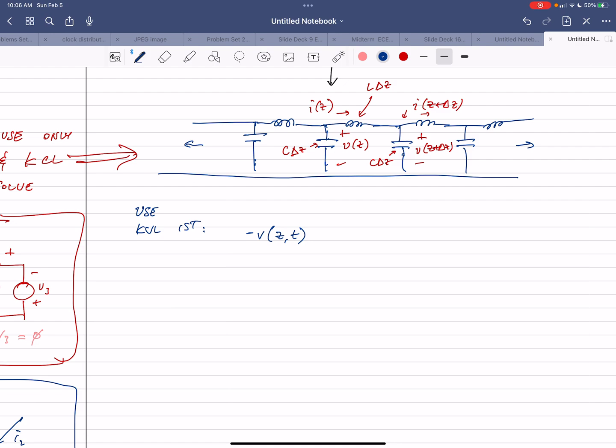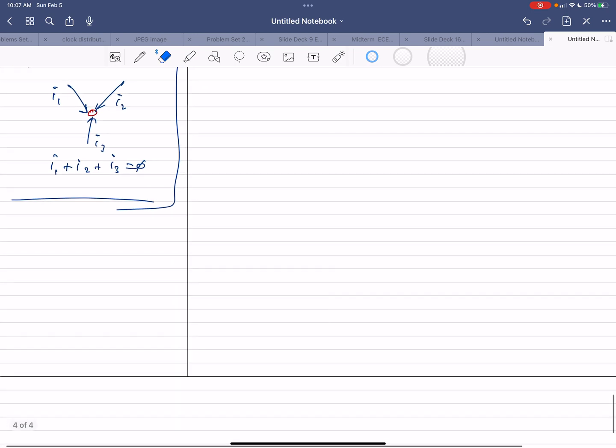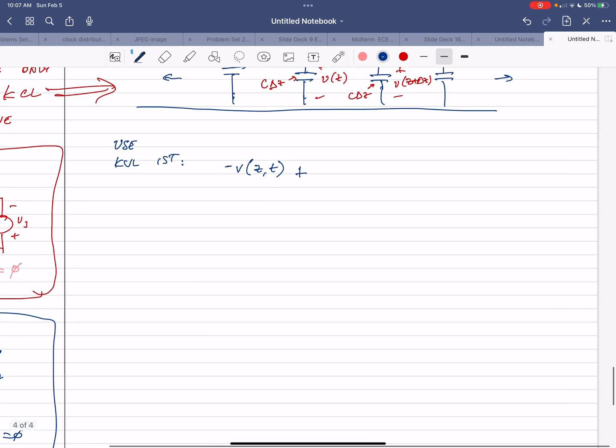Okay, so that voltage plus the voltage across the inductor caused by any change in current as a function of time. Remember that delta V across the inductor is L times the change in current with respect to t. So I'm going to put that in there.